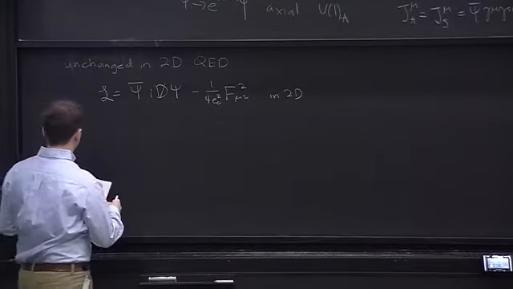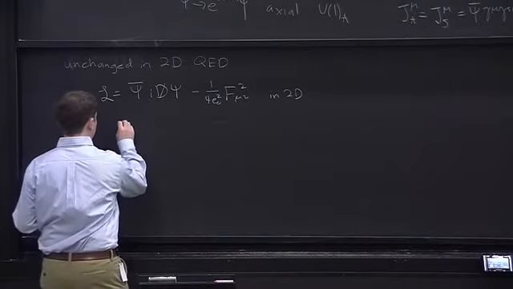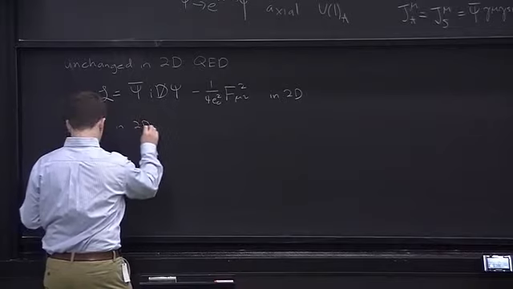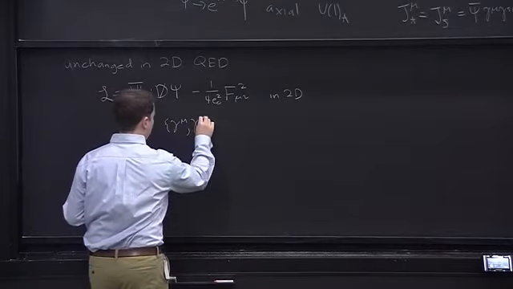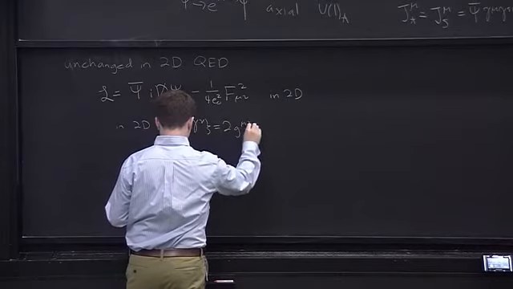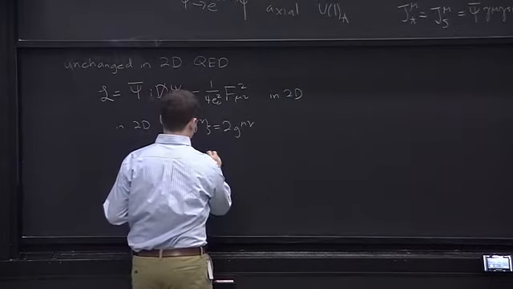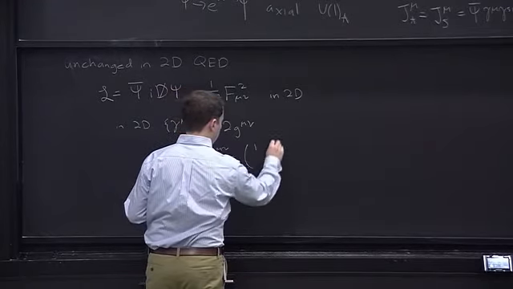And in 2D, just to establish notation, we have that the gamma matrices satisfy the usual anti-commutation relations. And I'm going to choose g mu nu to be +1, -1.